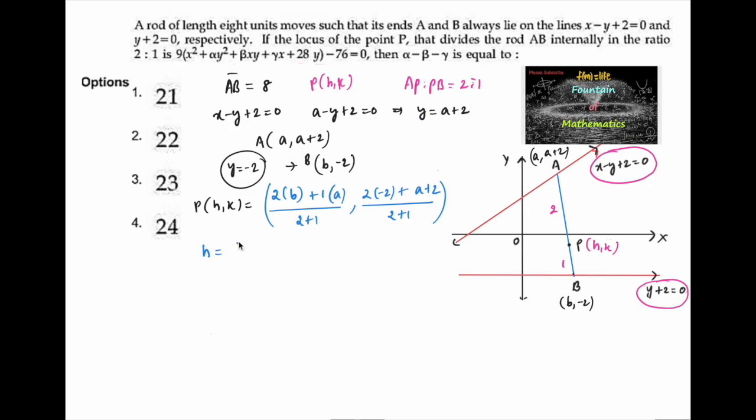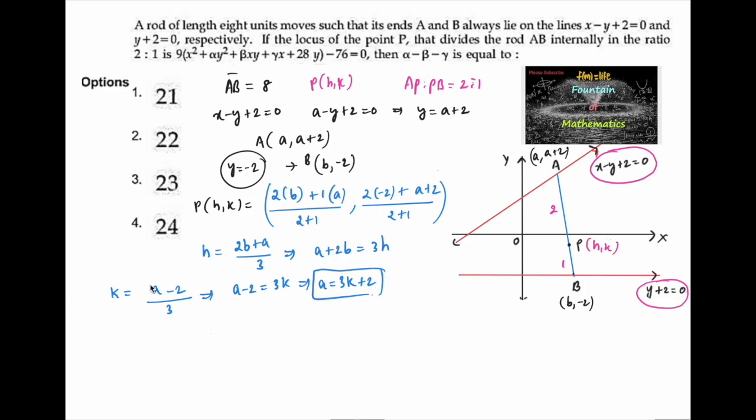That is h is equal to 2B plus A divided by 3, which implies A plus 2B is equal to 3h. Also, the second coordinate k is equal to minus 4 plus A plus 2, that is A minus 2, divided by 3. So which implies A minus 2 is equal to 3k. So A is equal to 3k plus 2.